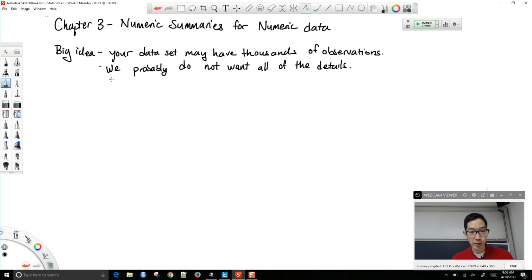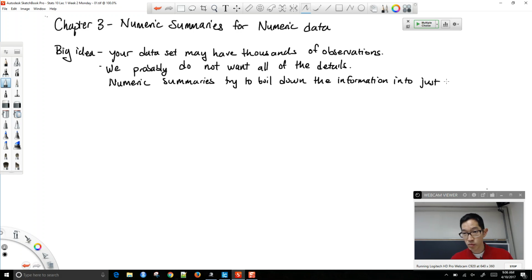So numeric summaries try to boil down the data to just a few values, and then now that we have just a few values, we can make comparisons between groups a lot easier.